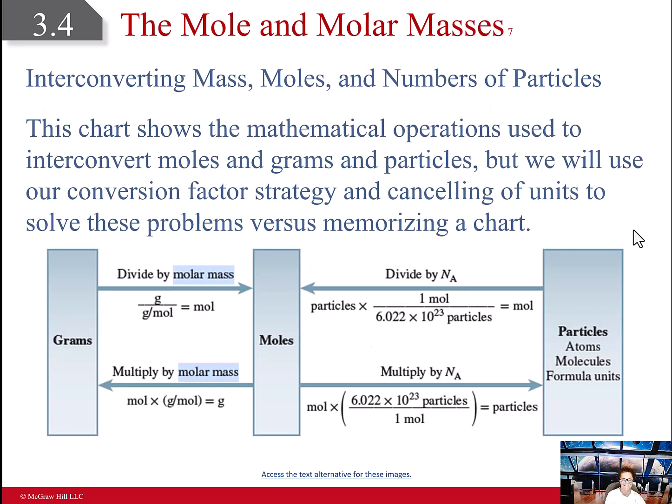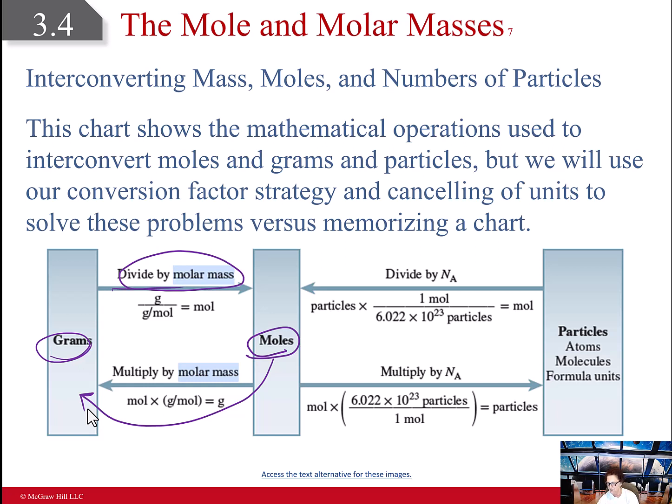So I've got this little picture here which shows you going back and forth. If you've got grams to start out with, and you're going to moles, then you divide by the molar mass. If you're going back from moles to grams, then you multiply moles times grams over moles.